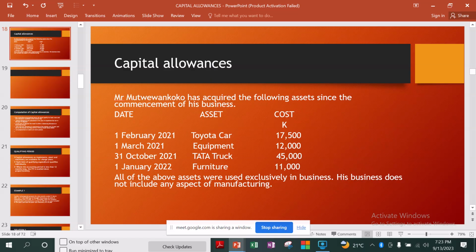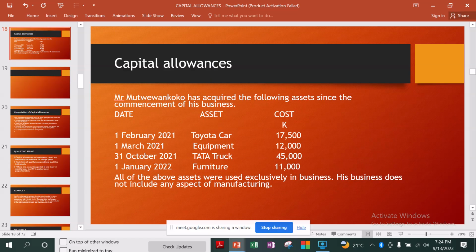Equipment is under implements, plant and machinery. Then when you look at the Tata truck, this is machinery, and normally a Tata truck will be used for hiring or carrying goods for the business. So it is taken to be a commercial vehicle.